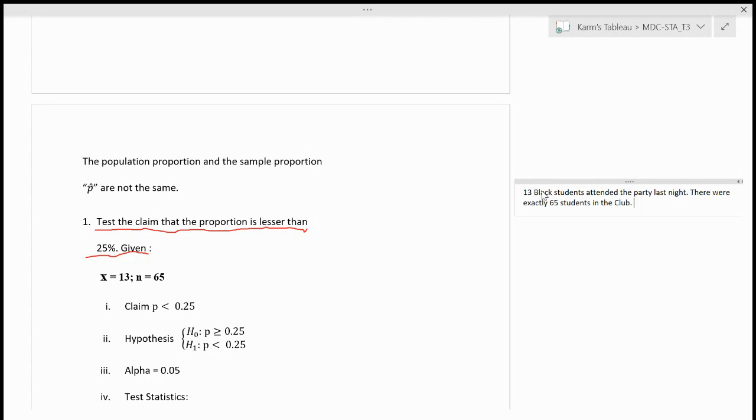And what I would say, probably a critic states that less than 25% of the people were black.